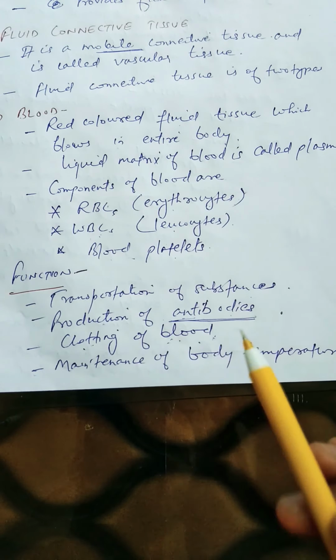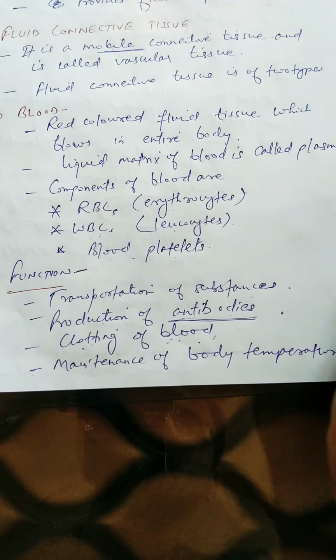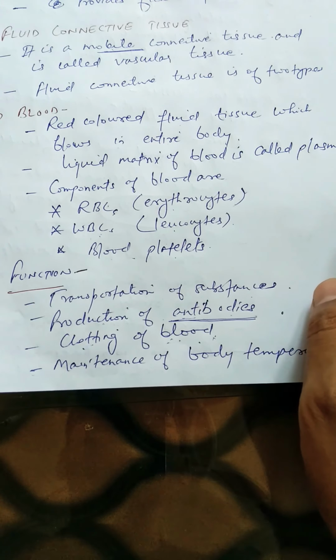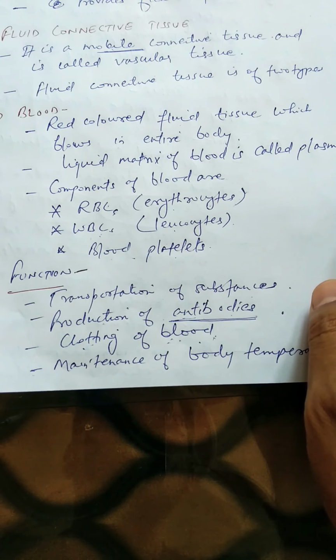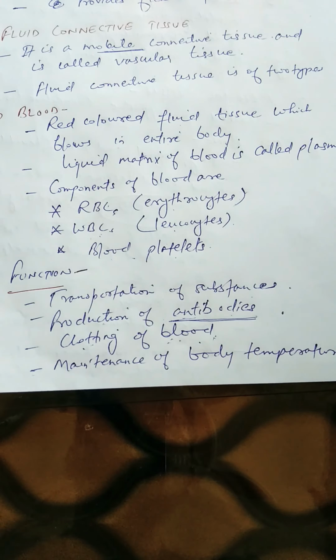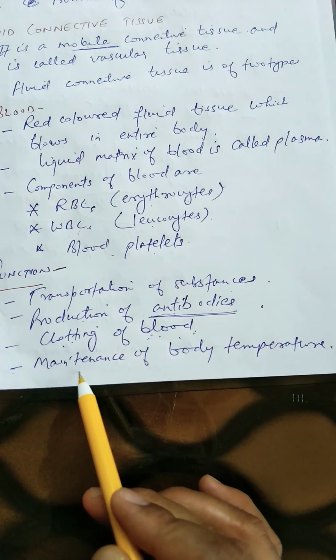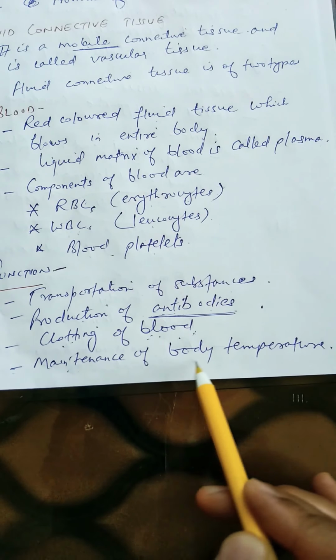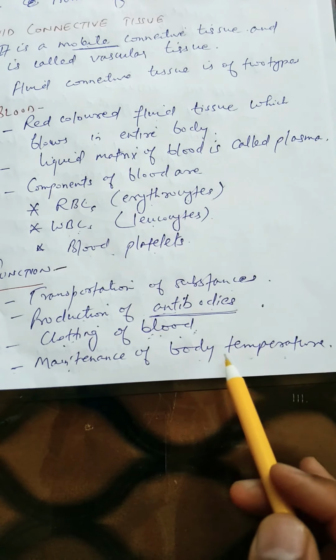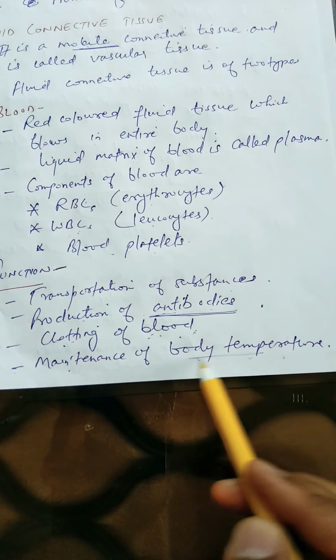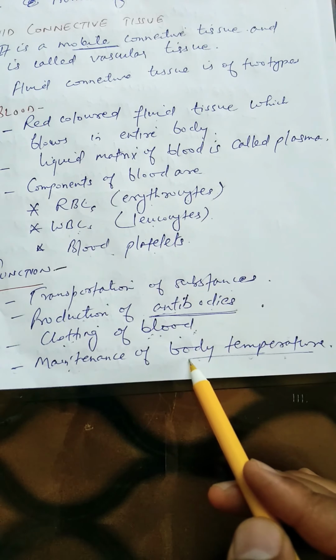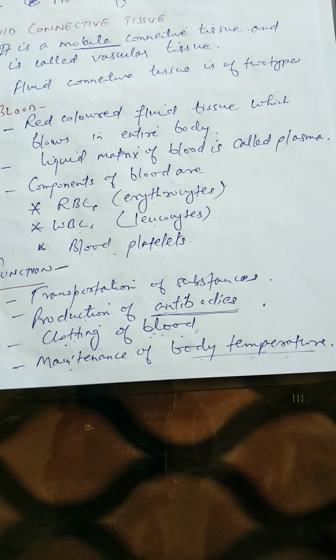Why is clotting of blood important? Because if clotting will not be there, there will be continuous loss of blood from the body and the person will die. One important point is here, blood helps in maintenance of body temperature. So it regularly maintains the temperature of the body.